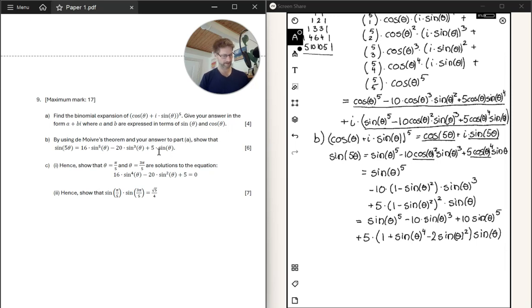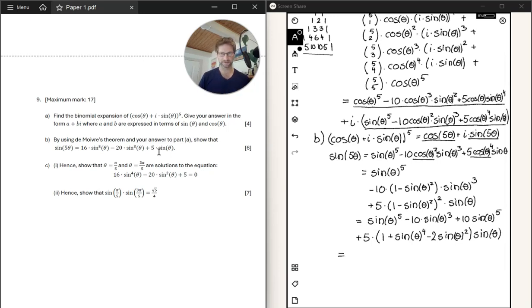And we can kind of see that when this sine of theta goes into the bracket, we get a sine of theta times 5, we get a sine of theta to the 5 times 5, and we get minus sine of theta cubed times 2 times 5, that's 10.